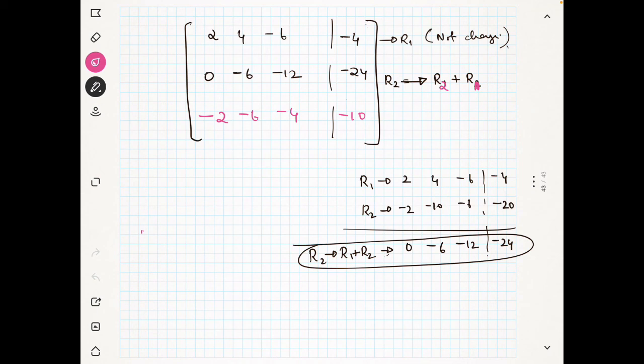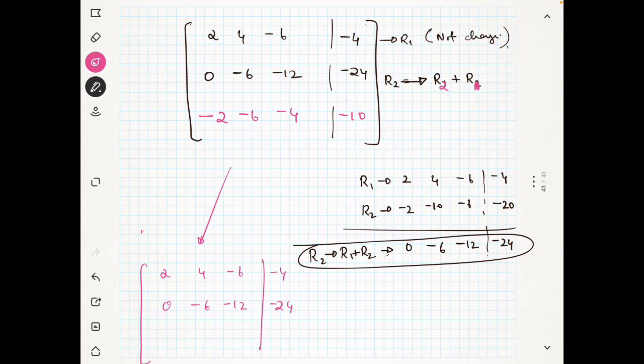Now I have rewritten row 3 again, and we have this matrix. We will change it into another form. That means we have 2, 4, minus 6, minus 4, then 0, minus 6, minus 12, minus 24.